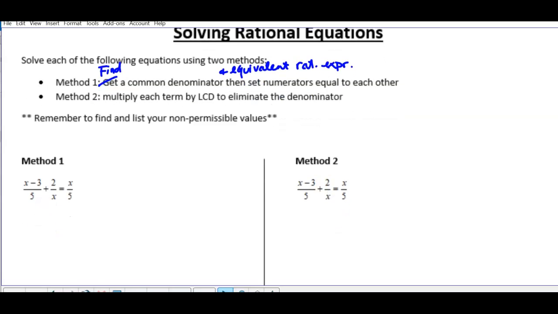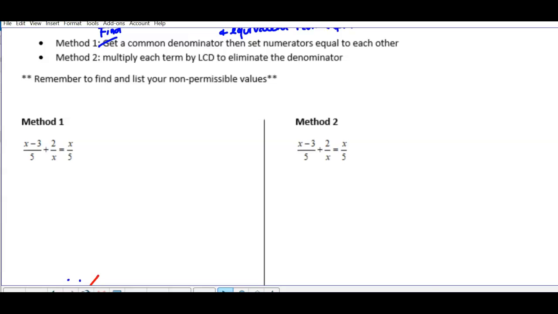So in method one, you take a look for your lowest common denominator. You need 5 and you need x. The other 5 is already included. So it's not 25x, it's 5x. So then in this method, you find equivalent fractions for each one.